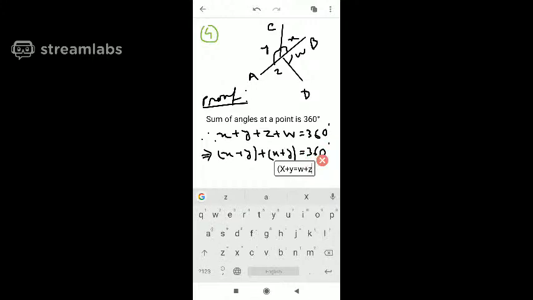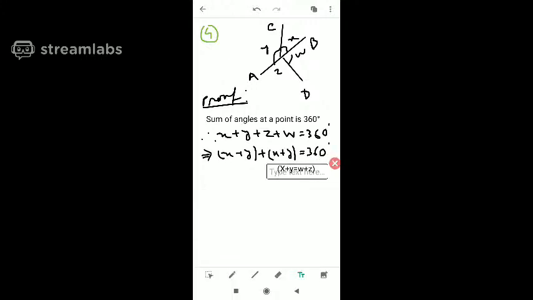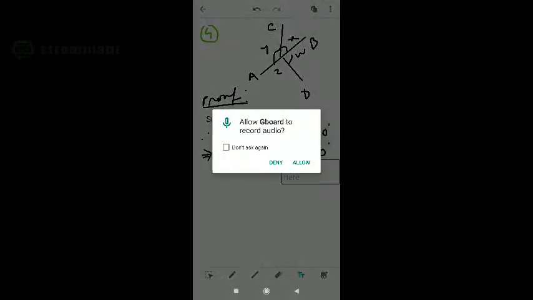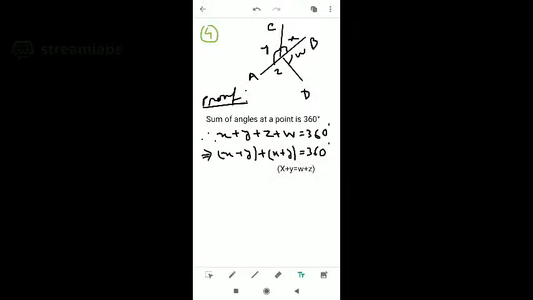This one is given in the question. So now we have 2 times x plus y is equal to 360 degree, and then x plus y will be equal to 360 by 2, 180 degree.